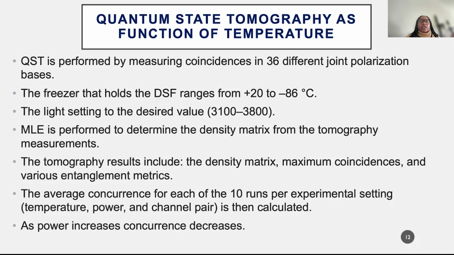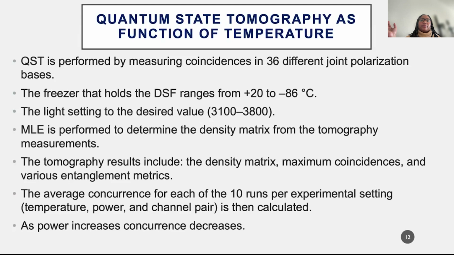Therefore, we adjust the temperature of the freezer, which contains the dispersion shifted fiber, ranging from -86 degrees Celsius, which is the lowest temperature setting for our lab freezer, to 20 degrees Celsius. We also adjust the light pump power from 3100 to 3800.